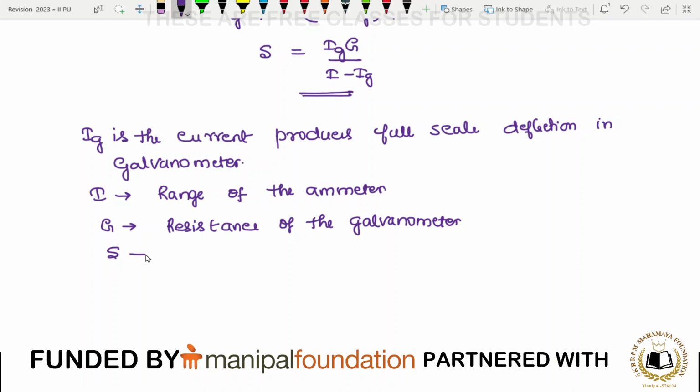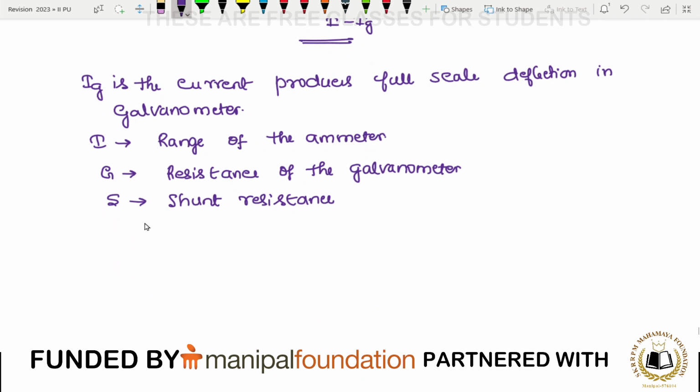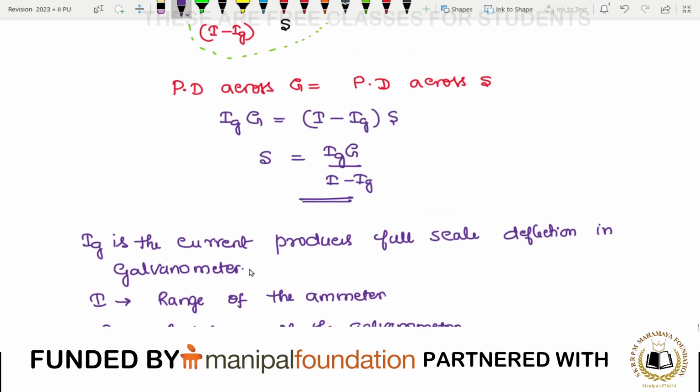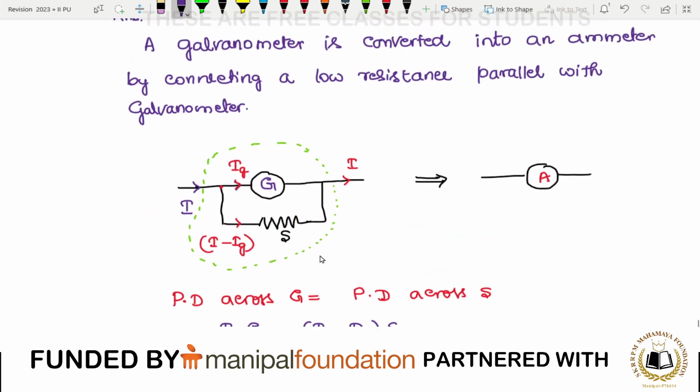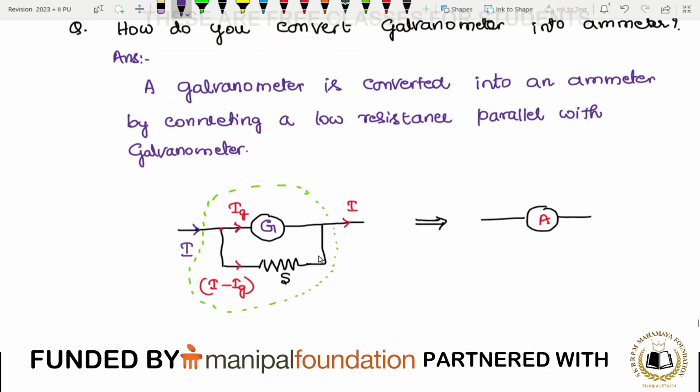And what is this S? S is the shunt resistance. Okay. These are just term explanations and it's a formula. It could be 3 marks or 2 marks, and a numerical may come. Possibilities.